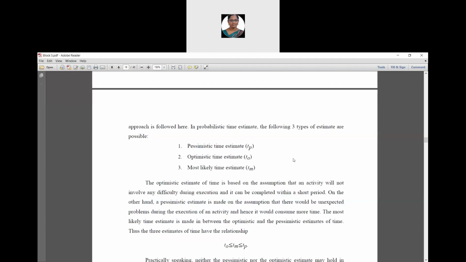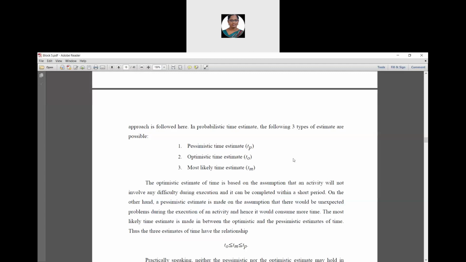Next is the most likely time estimate. It is denoted by TM and it is defined as the duration of any activity when sometimes things go on very well, sometimes things go on very badly while doing the project.